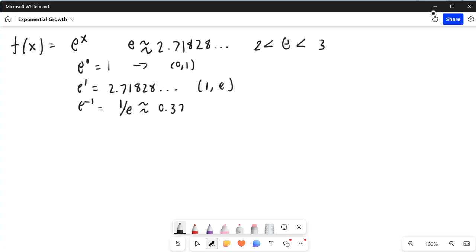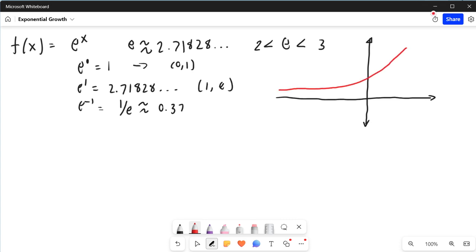So the graph of the function still has more or less that same shape, where it increases on its domain and passes through those key points: negative 1, 1 over e; 0, 1; and of course 1, e.